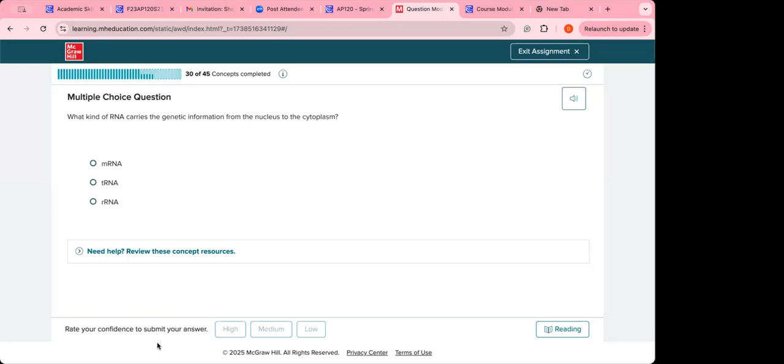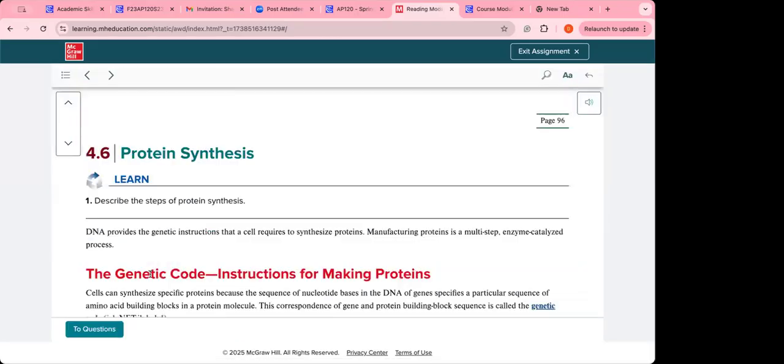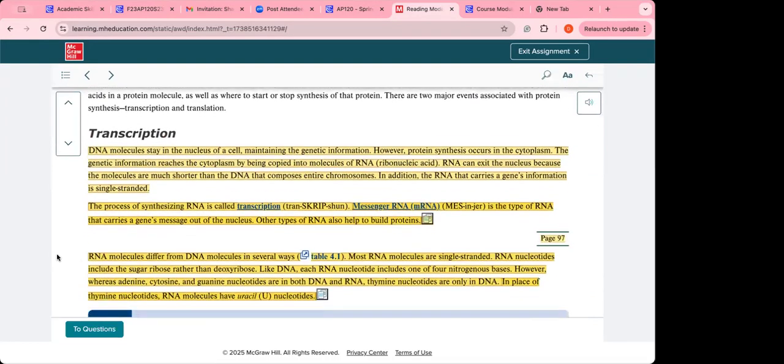So let's look at the concept resources. Look at the review. I think it's T, but I'm not sure. Okay, so messenger RNA carries a gene's message out of the nucleus.